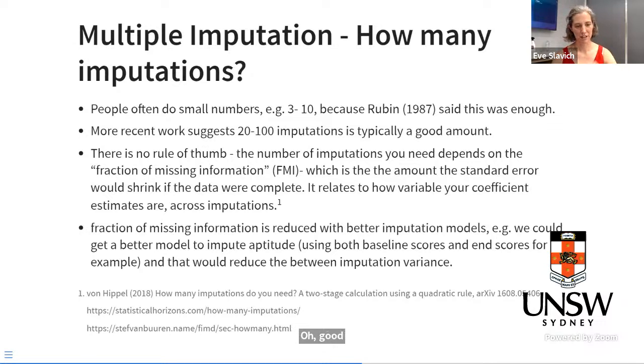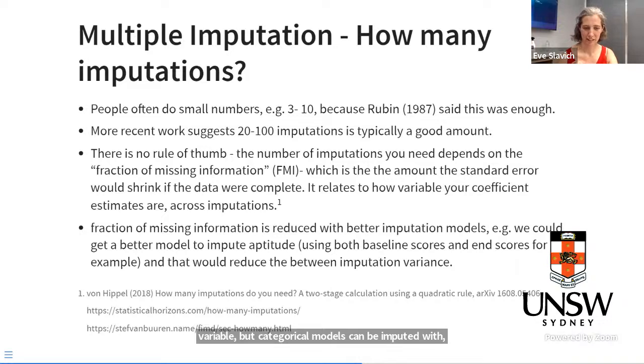Yep. So categorical variables can also be imputed. You just need a different model. I used a linear model to impute aptitude because it was a continuous variable. But categorical variables can be imputed with, they often use machine learning kind of algorithms, like classification algorithms.